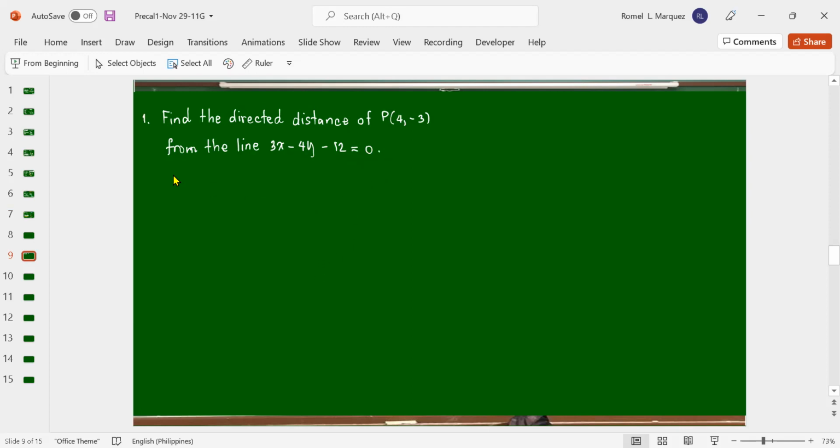So let's illustrate just to check if the sign that we will get will agree with the graph. So our line is given by this. When x is 0, what is y? Guys, positive 3 or negative 3? Negative 3, right? 1, 2, 3. So our point is in here. If y is 0, what is x?